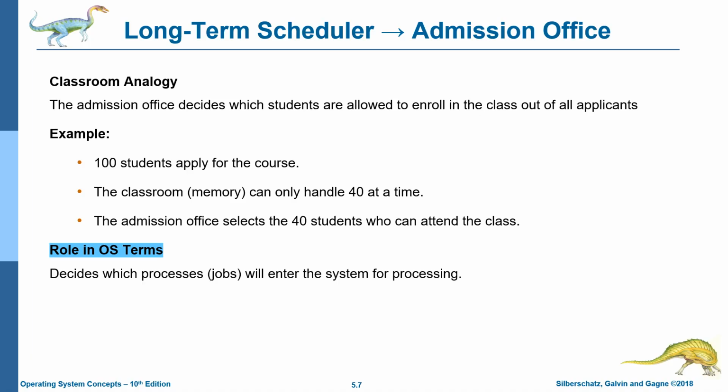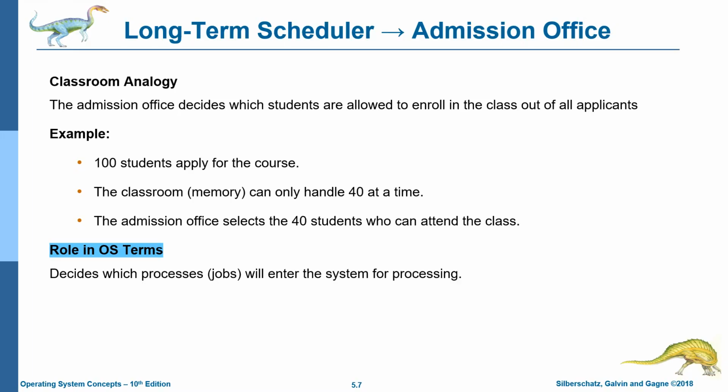In the classroom analogy, the admission office decides which students are allowed to enroll in the class out of all applicants. For example, in the BSCS computer science program, multiple students apply, but according to the seats, a specific number of students will be picked for that program.